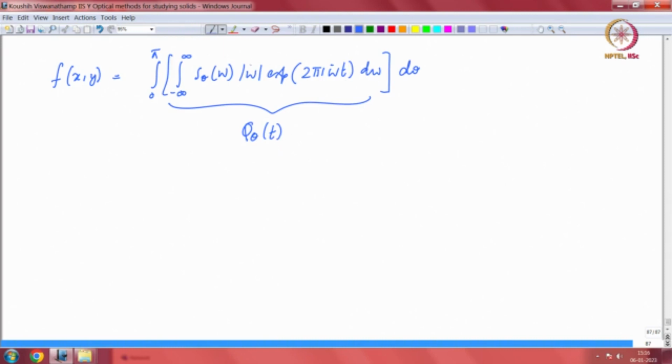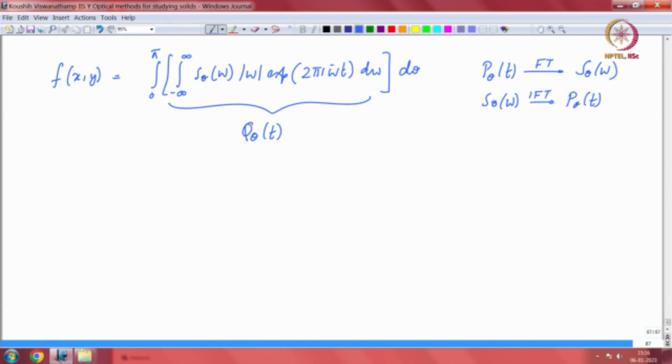If you did not have this magnitude w sitting in the middle, then this is basically just P theta of t, because it will be the inverse 1D Fourier transform of S. Remember, P theta of t, if you do a Fourier transform, you get S theta of w. So, if you do an inverse transform of S theta of w, you should get P theta of t.